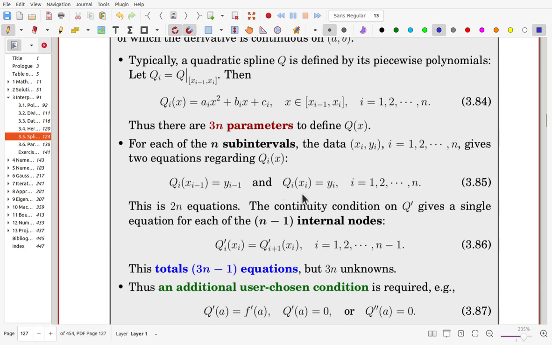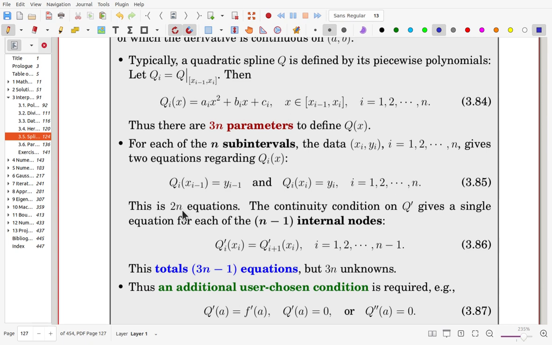And for q_i, the value at the right end point of the subinterval is y_i. So we have 2n equations. To solve the problem, we need 3n equations. For each subinterval, 2 equations, so we have 2n equations.